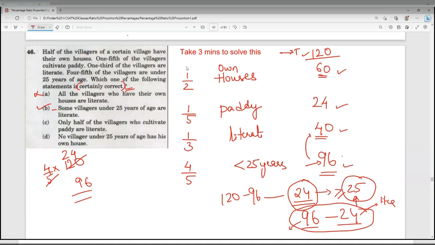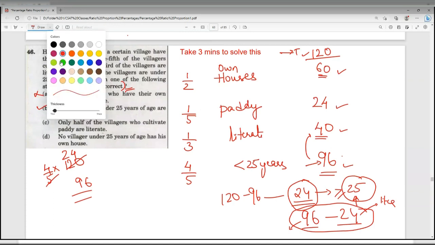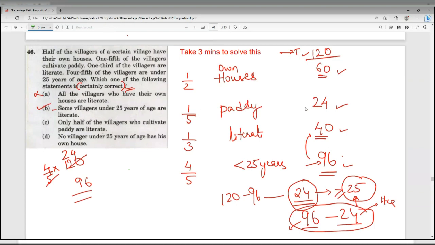Option C: only half of the villagers who cultivate paddy are literate. Paddy cultivating people are 24, and they're saying only half of them, that is 12, are literate.